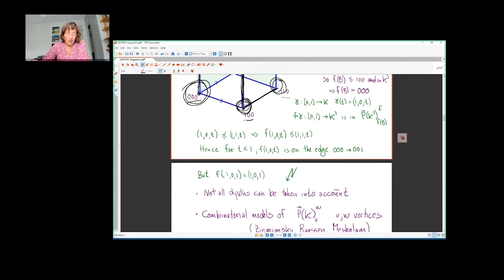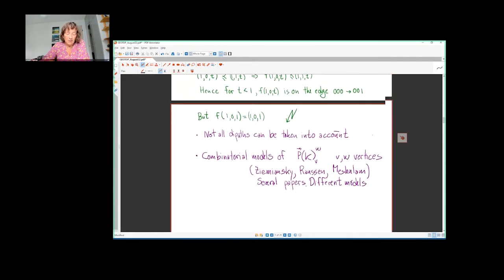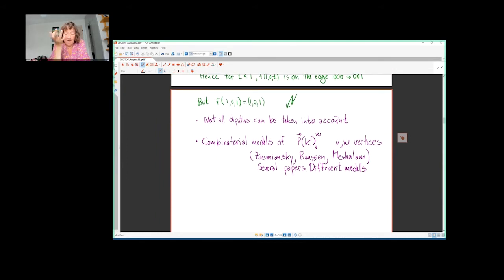So what we learn from this is that we cannot take all directed paths into account here. And also, we're doing a combinatorial thing. So we're doing combinatorial spaces with a direction on them. So it's maybe natural that not all paths should be allowed or should be thought of.